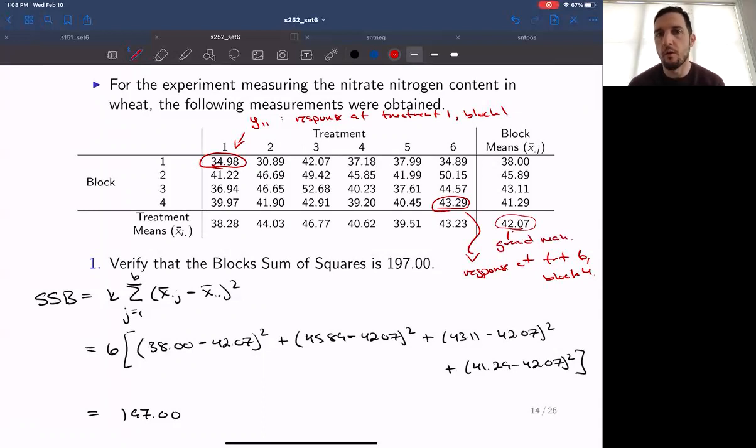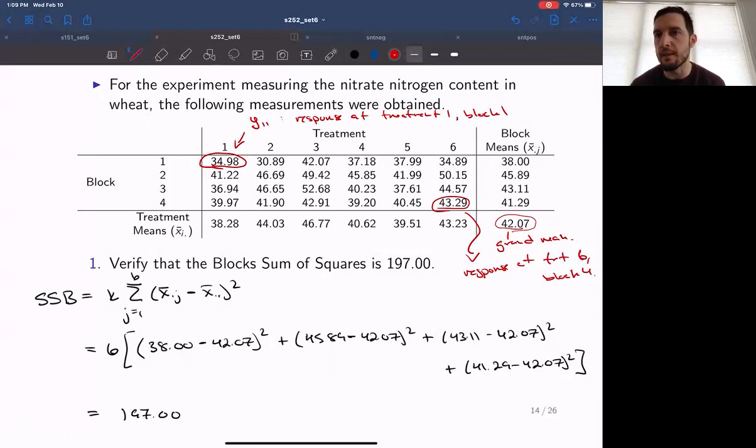Now, from this raw data, we can compute all of the different sums of squares that would belong to the ANOVA table. The easiest ones to compute are, of course, SSB and SSTR. And I have an illustration of how SSB is computed below. SSTR would be done in the exact same way, except the leading coefficient would be a 4 rather than a 6.